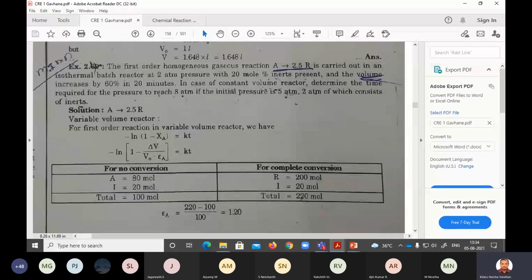In case of a constant volume reactor, determine the time required for the pressure to reach 8 atmospheres if the initial partial pressure is 5 atmospheres, 2 atmospheres of which consists of inerts. Did you understand the problem first? Forget about the solution. Did you understand the problem?